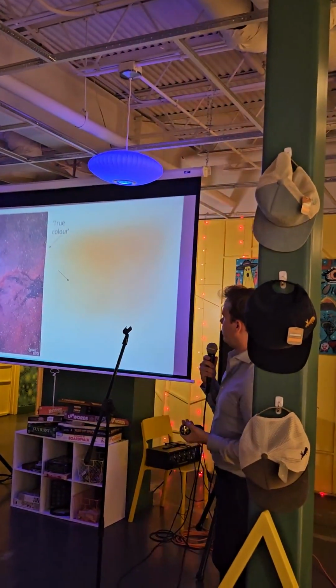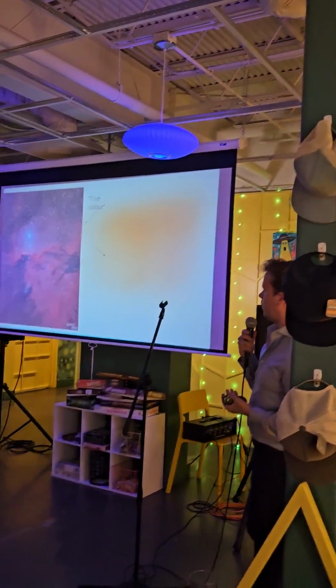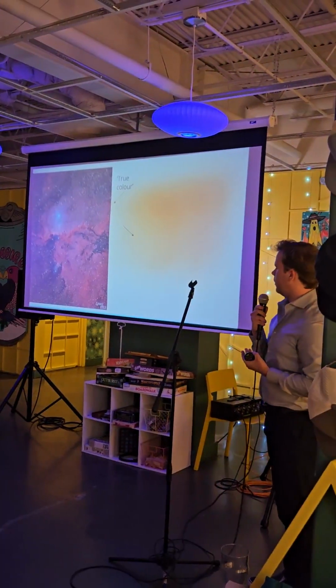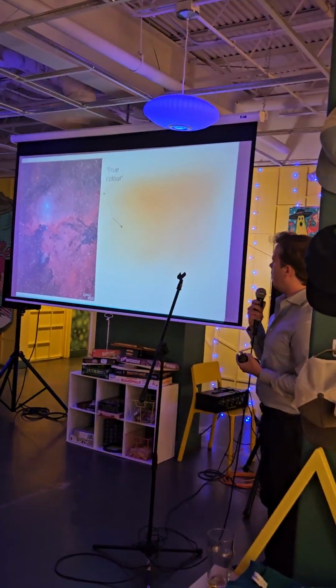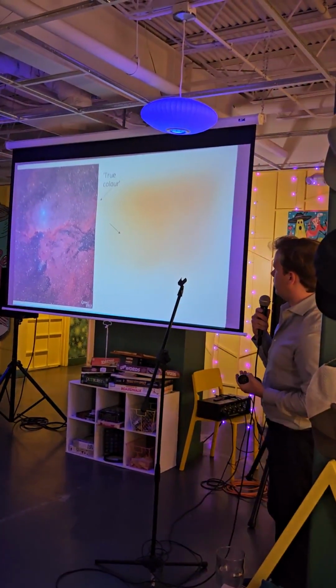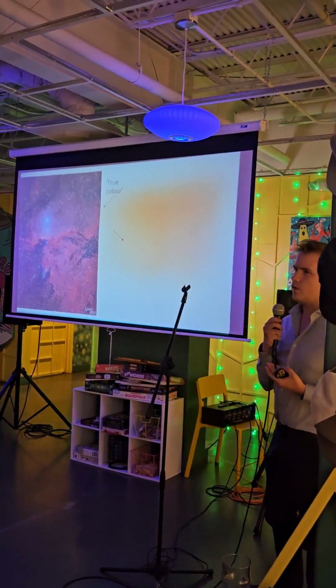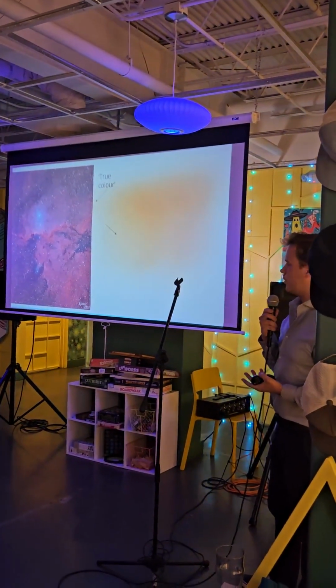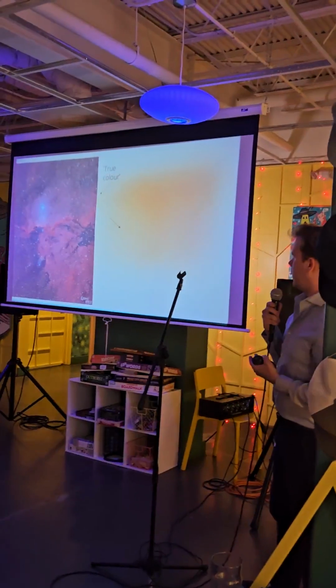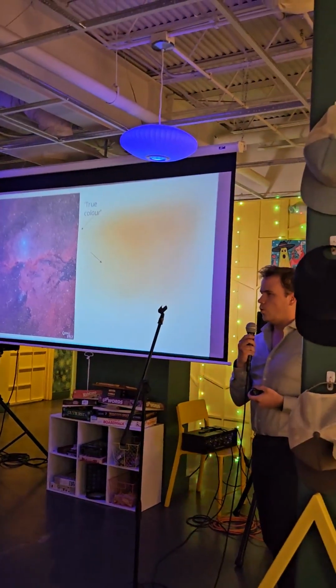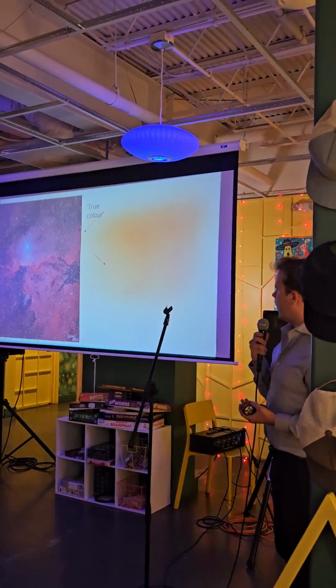So on the left, we have an image of what you would actually see with the eyes from the Hubble Space Telescope of, I can't remember which galaxy or which nebula this is, but you can see it's mostly red, and this is coming from dust and from hydrogen gases, which is beautiful in its own way.